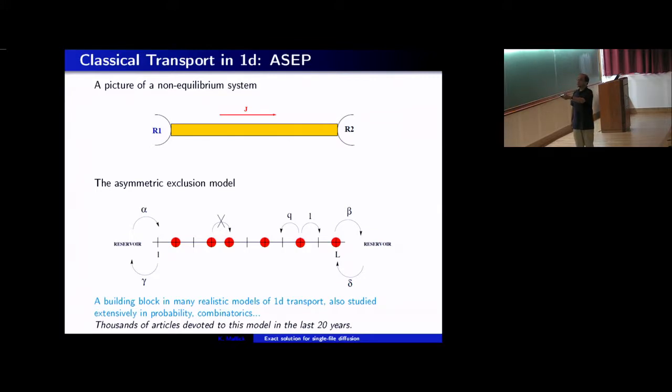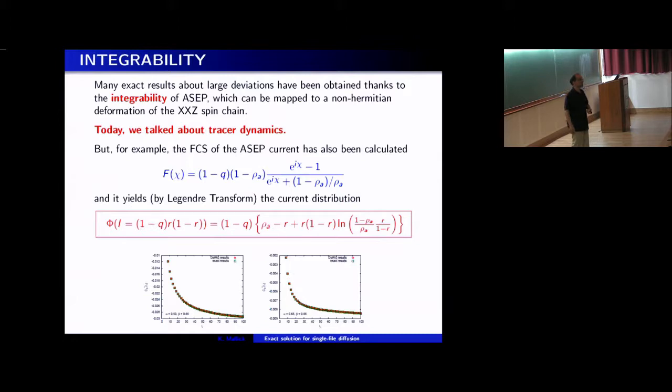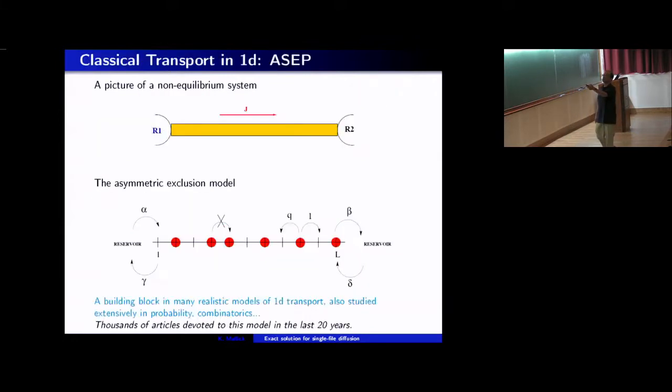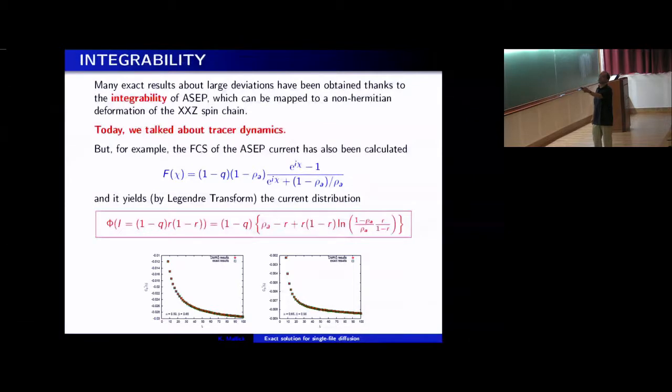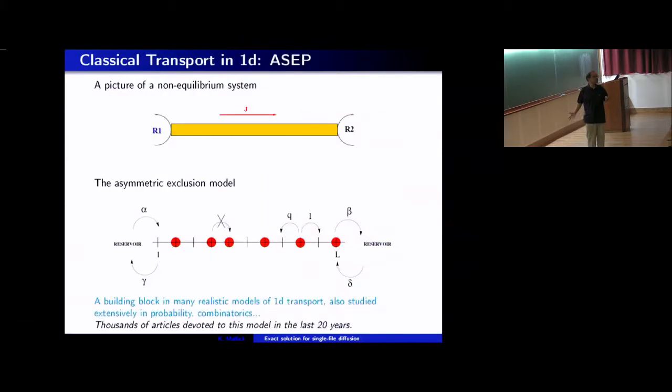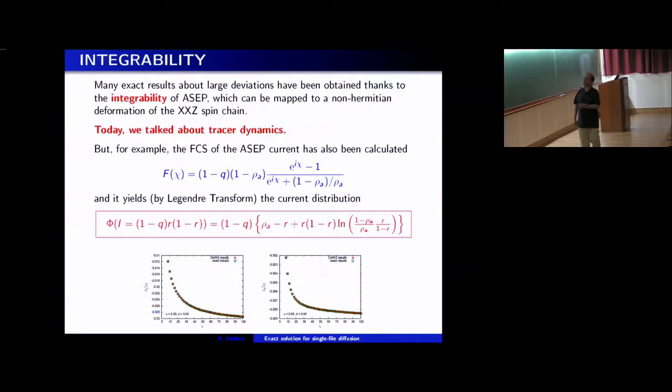And indeed, there have been 1,000 articles on this exclusion process in the last 20 years, and many, many quantities have been computed for this model. For example, I told you today about the tracer dynamics, but the full statistics of the current through this model has been computed exactly also. And Fabian and Jan de Gier were involved in that 6-7 years ago, and simultaneously we in Saclay also did similar calculations.